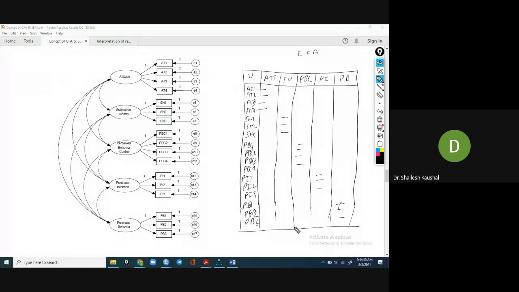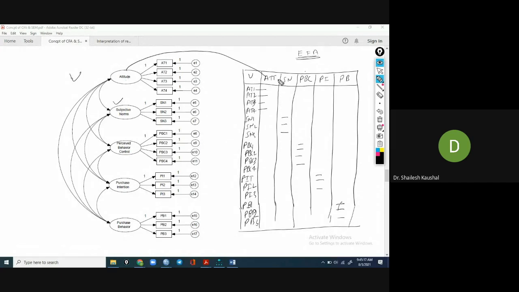In this diagram, this is the attitude factor, then subjective norm, then PBC. This factor matrix I have written in the form of a path diagram. You can see it is nothing new, it is the same as the EFA factor matrix. In the first stage, we define each construct; attitude has four variables or questions.